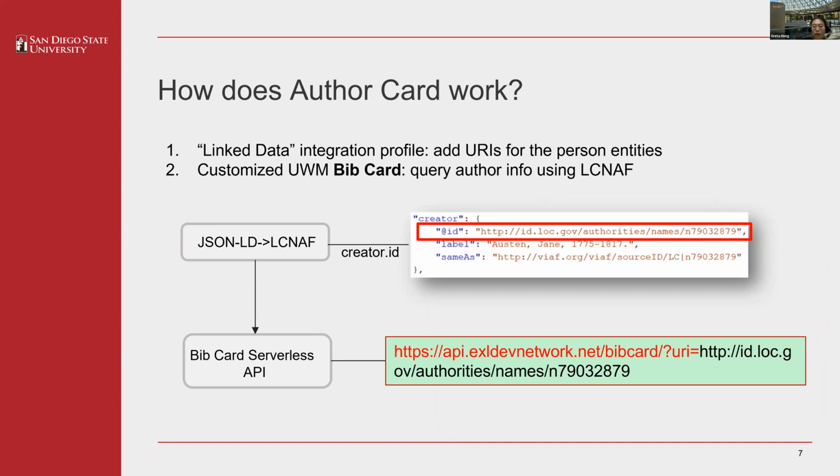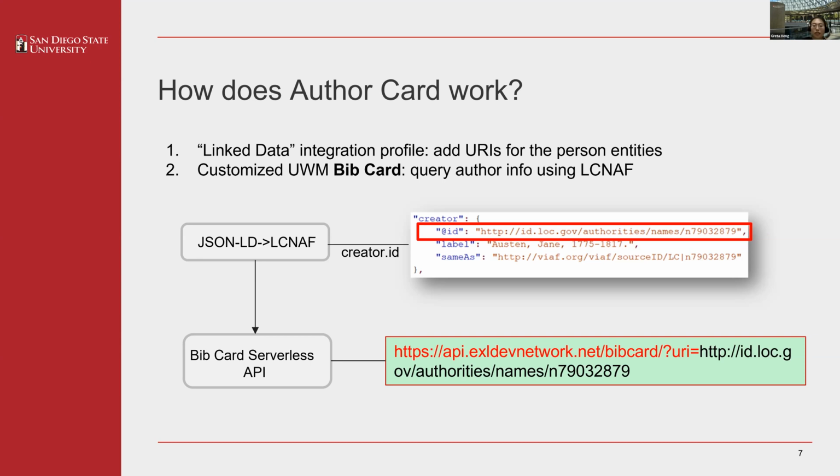Libris adopted bib card and created a serverless API. From the JSON-LD file, the author card program extracts the LCNAF from the value of the creator ID element and builds the API request to make it like the request in the green box. They put the LCNAF after the URL equal symbol.